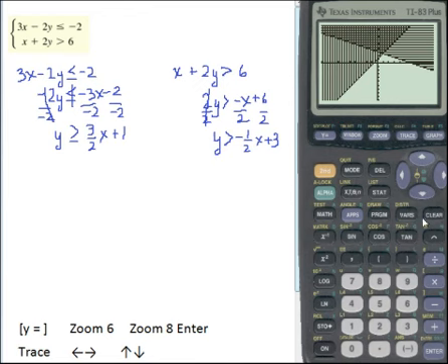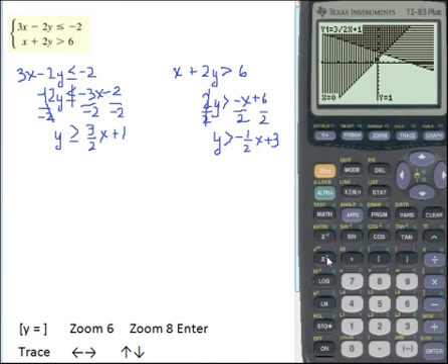Alright, and then let's get some ordered pairs so that it's easy to graph the first and second lines. So we'll hit trace, and notice that that puts us on the first line, which is 3/2 x plus 1, and we've got one ordered pair already, the intercept.